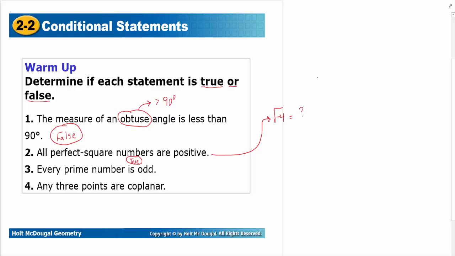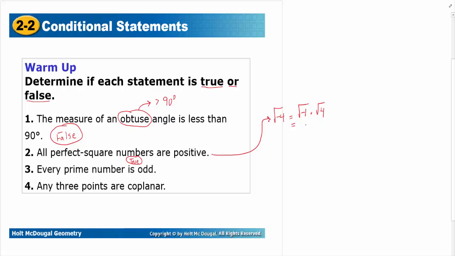By the way, if you were wondering what do you do if this ever happens? You probably weren't wondering, but I'll tell you anyway. If you have a negative number, there's a thing in algebra called an imaginary number. The square root of -1 is not a real number.